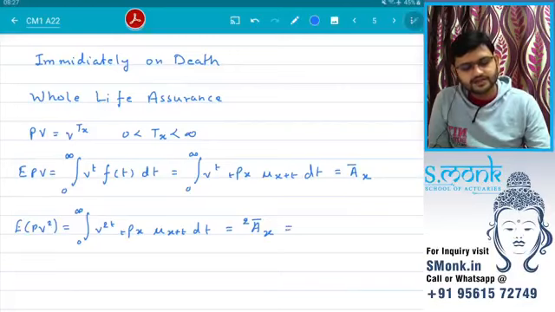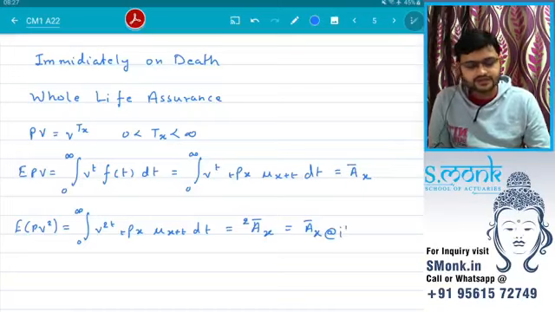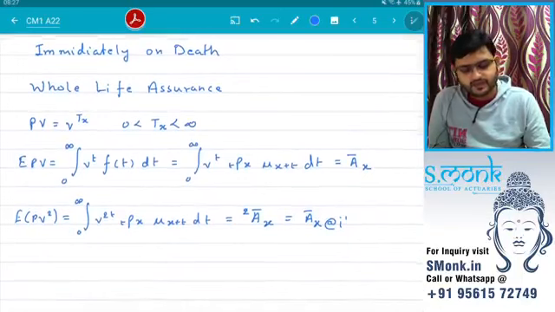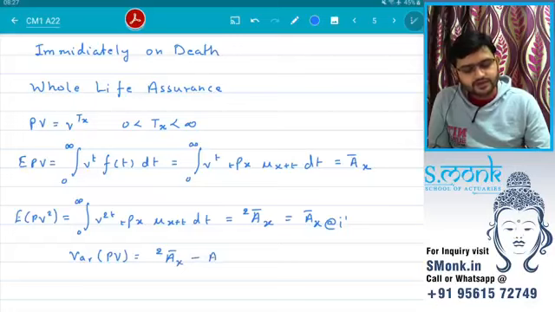Here again, this is nothing but A bar x at the rate of i dash. It's the same thing. Variance of present value will be 2A bar x minus A bar x whole squared.